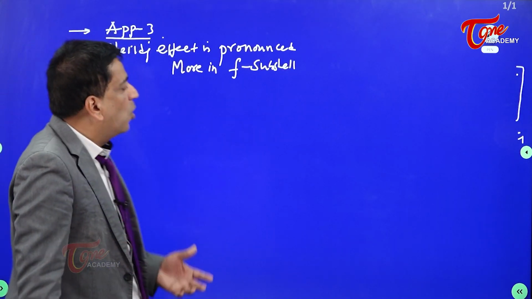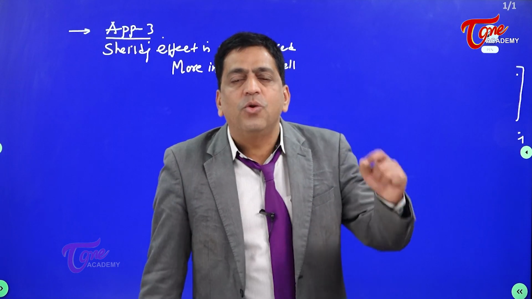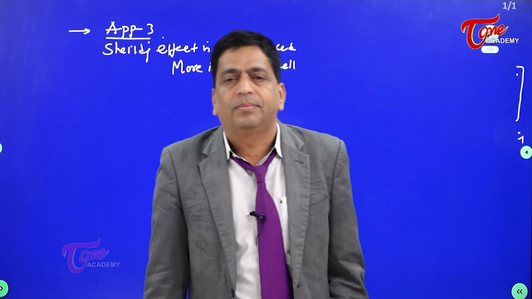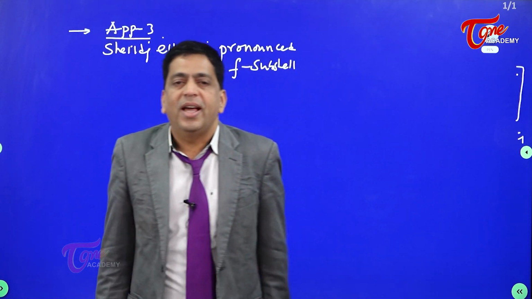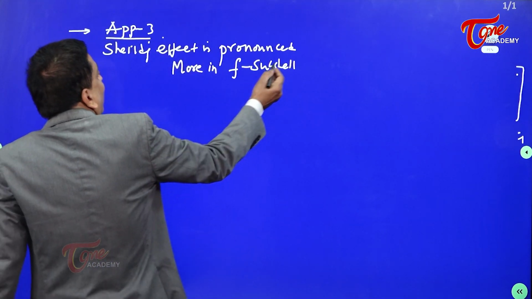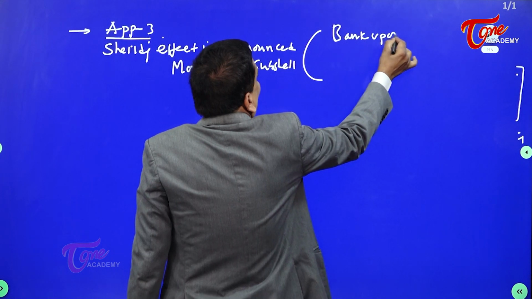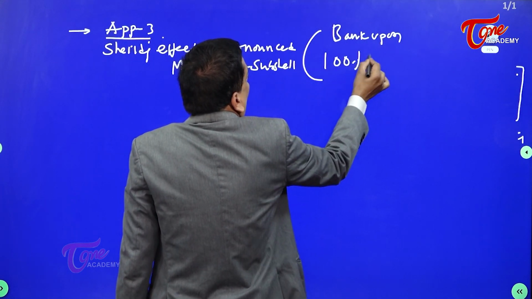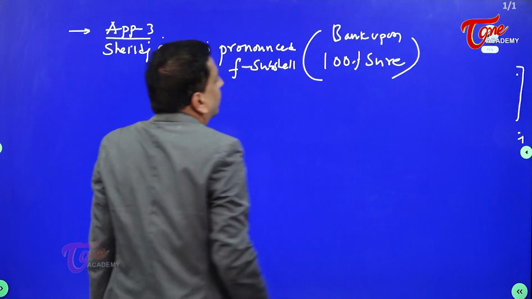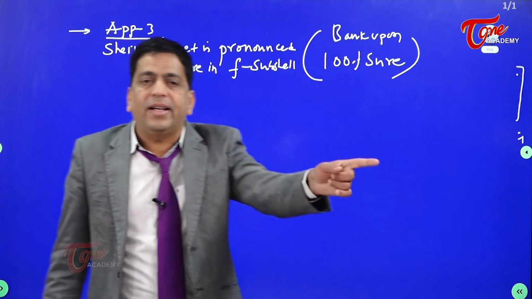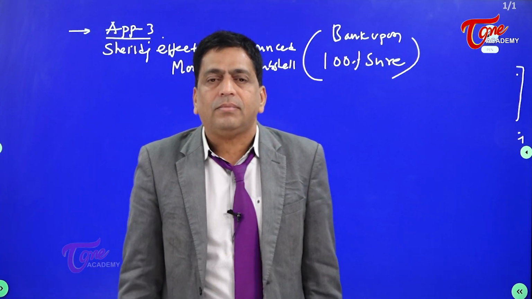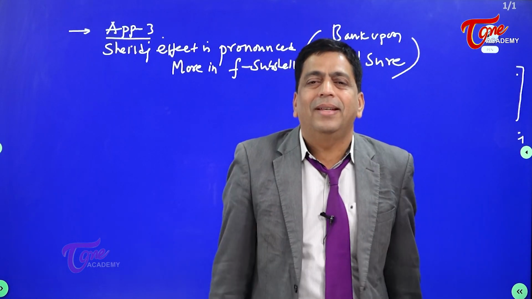The shielding effect is more pronounced in what? The F subshell. You will get a question on this. I can say this question you can bank upon, and this is 100% sure. You'll get this in the exam for sure.